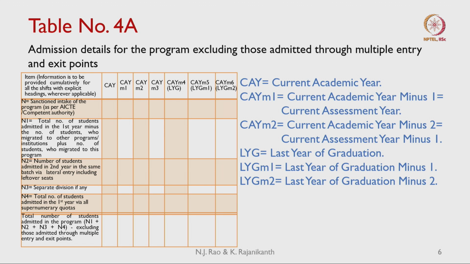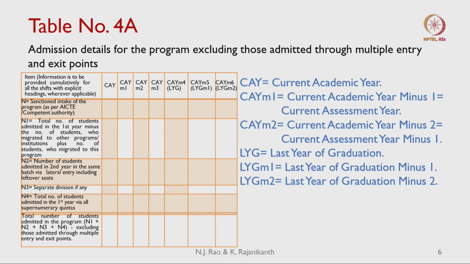CAY minus 1 is the current assessment year which we are trying to assess, because which is the academic year depends upon the time at which the SAR is being submitted, and that we will discuss much later when we look at the prerequisites and the definitions of academic years, and how they consider the current academic year. We will later discuss the accreditation process by NBA and the prerequisites and how these are assessed.